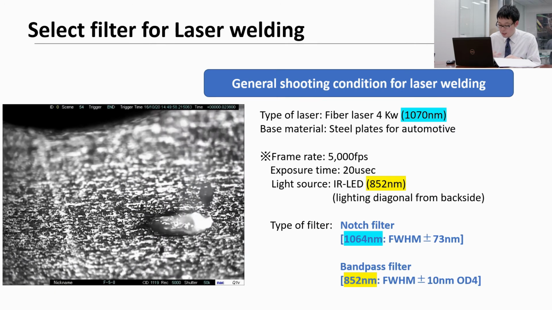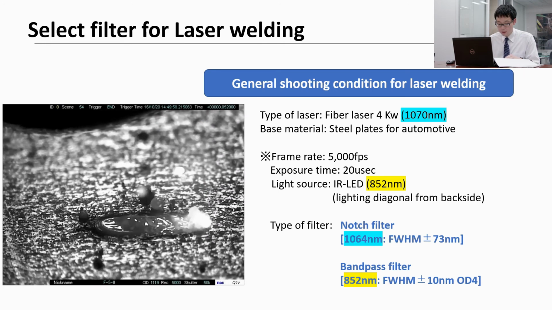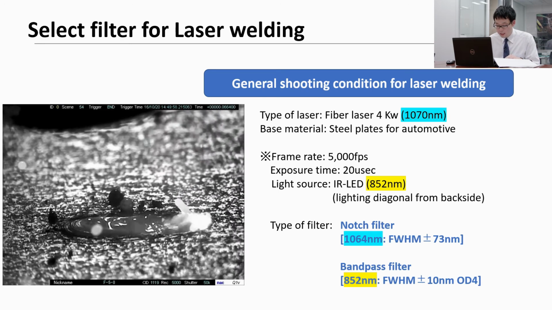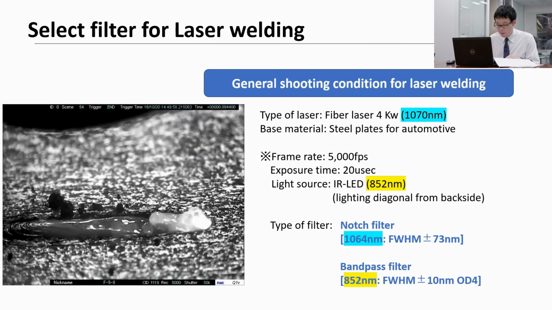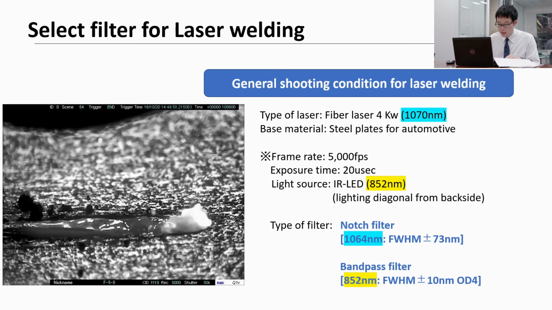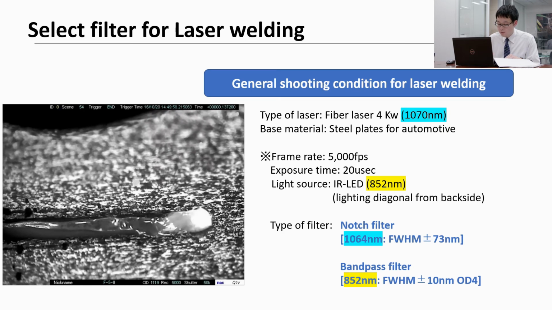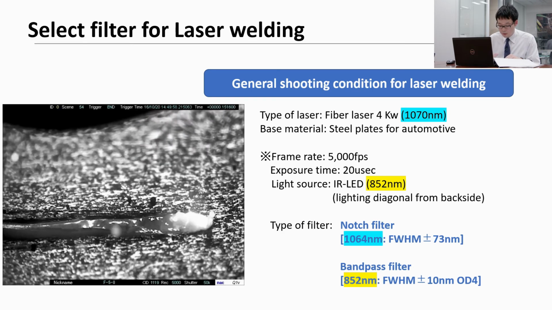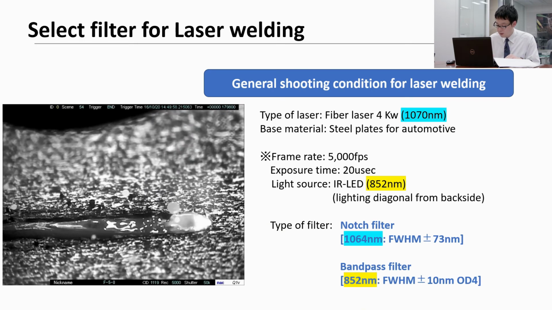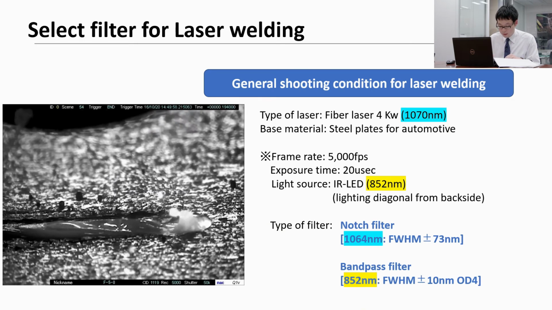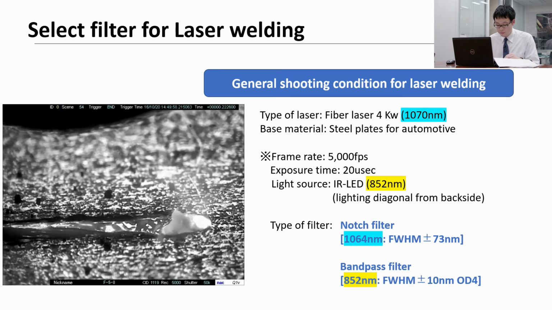I will share with you the example about general shooting condition for laser welding. In this case, the type of laser is fiber laser. The power is 4 kilowatt. The wavelength of laser is 1070 nanometer. The base material is steel plate for automotive. When we shoot at 5000 frames per sec and exposure time is 20 microsec, we used 852 nanometer IR LED light source.